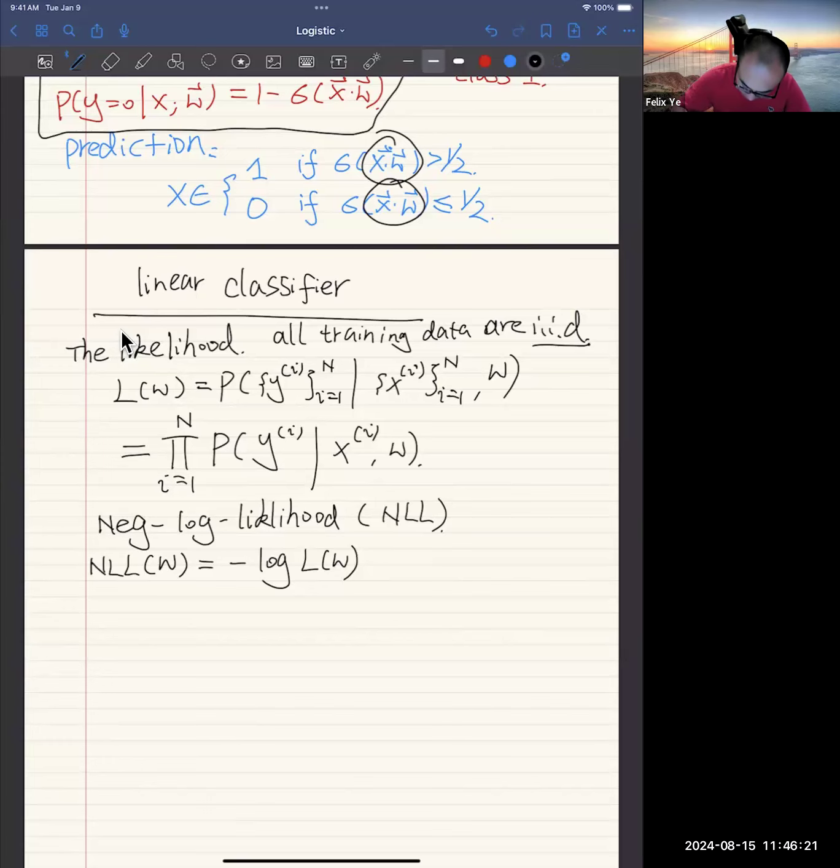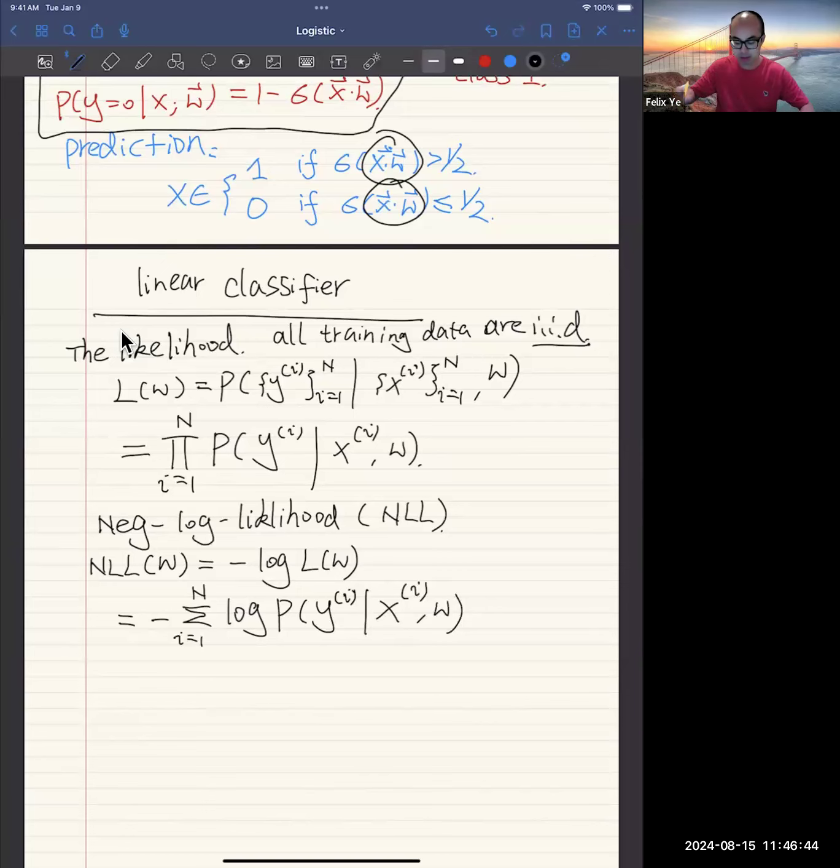So this becomes minus the summation of i from 1 to n of the logarithm of P of x of i. In terms of general ways, it works like this.